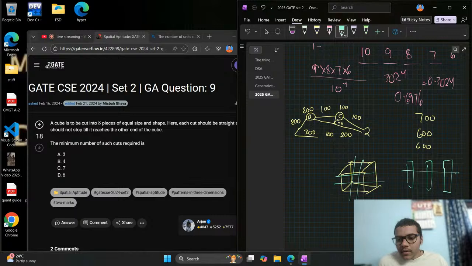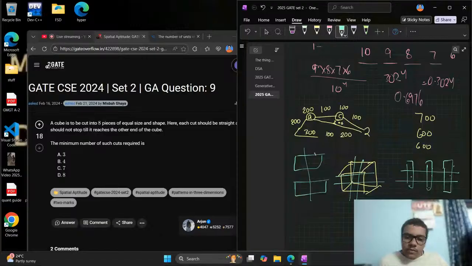And if you cut it like this, 2, 3, 4, 5, 6, 7, 8, 9 pieces. It is becoming 9 pieces, so I don't want it. If you cut it like this, it will become top half and the bottom half. Now it is becoming 6 pieces.